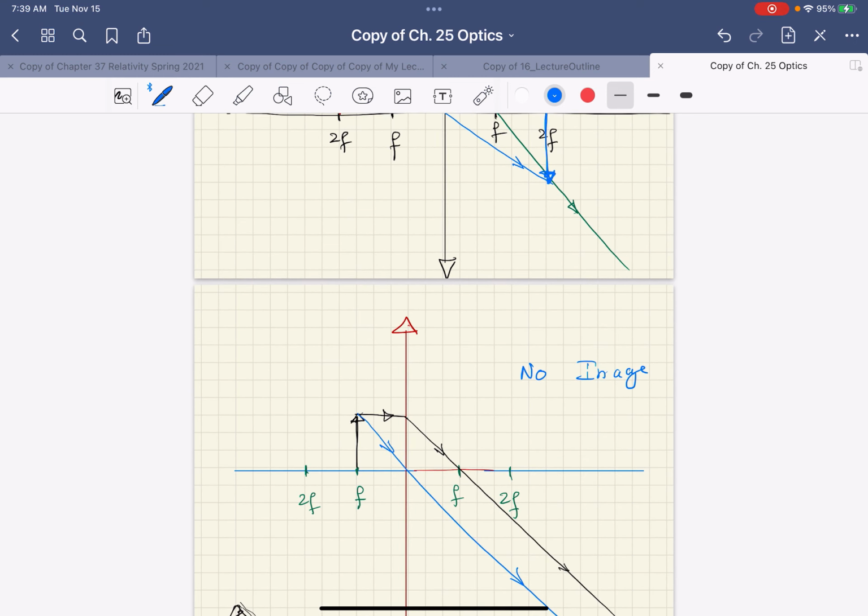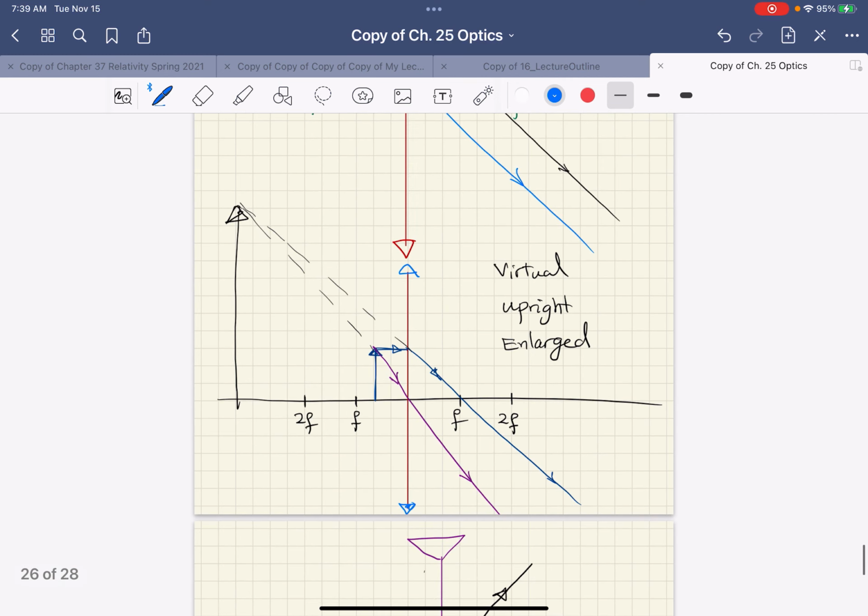When the object is at the focal point, we have no image at all, and after that we have the image virtual, upright, and enlarged. This is the only case that is upright, enlarged and virtual.